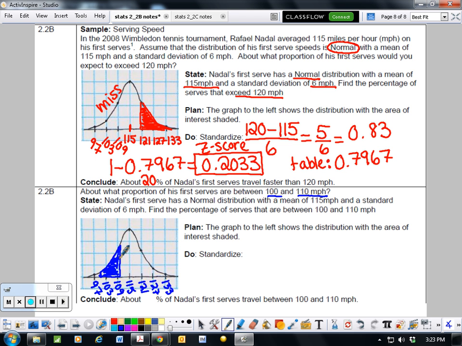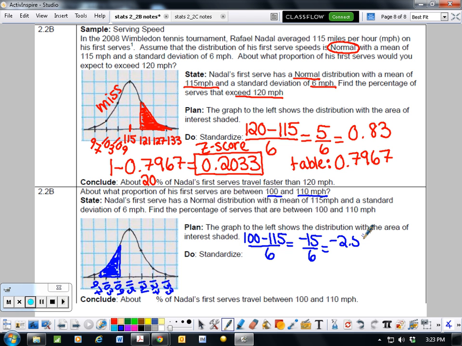Now I have to do two z-scores, one for the 100 and one for the 110. So I'm going to do 100 minus 115 divided by 6, which gives me negative 15 over 6, which gives me a z-score of negative 2.5.